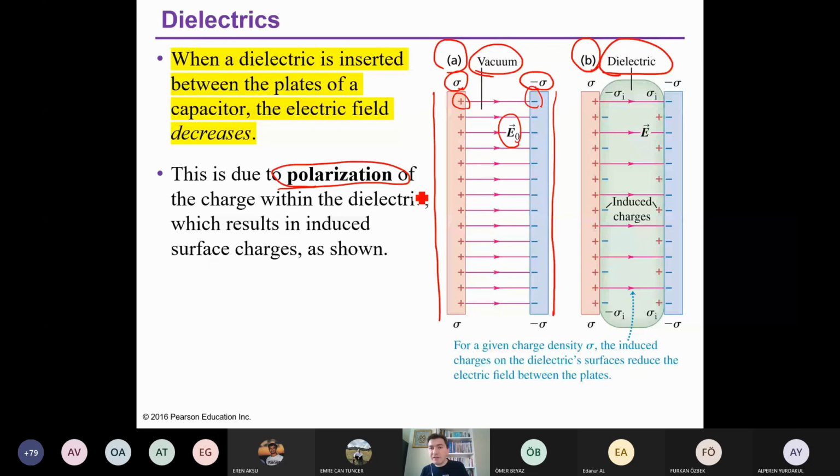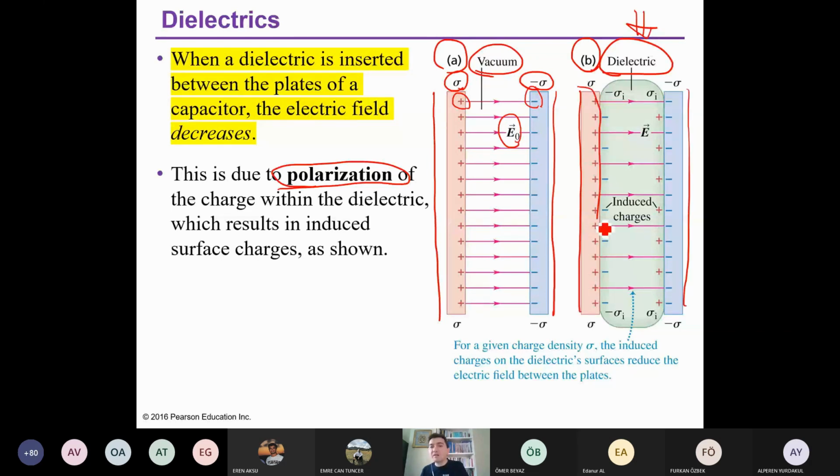So when we insert a dielectric material between these two conducting plates, remember that on the left side we have positive charges and on the right side we have negative charges.